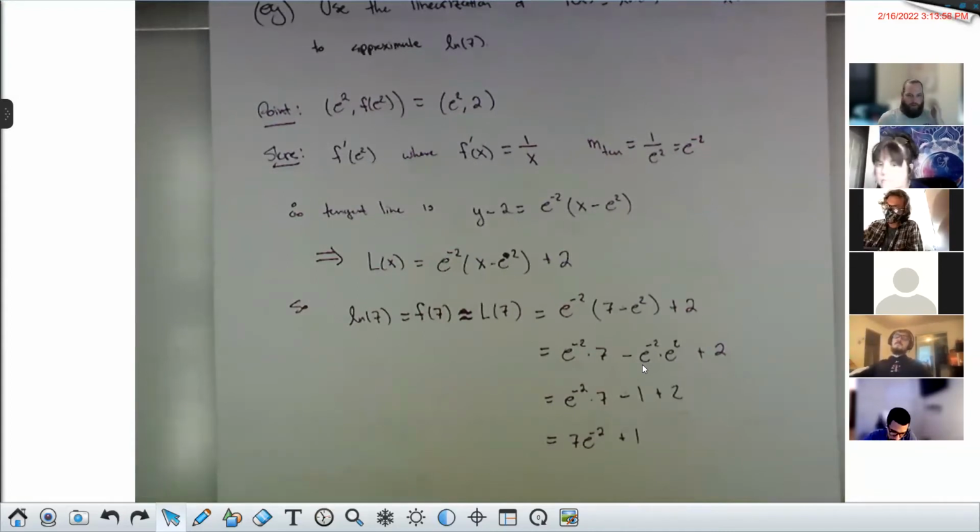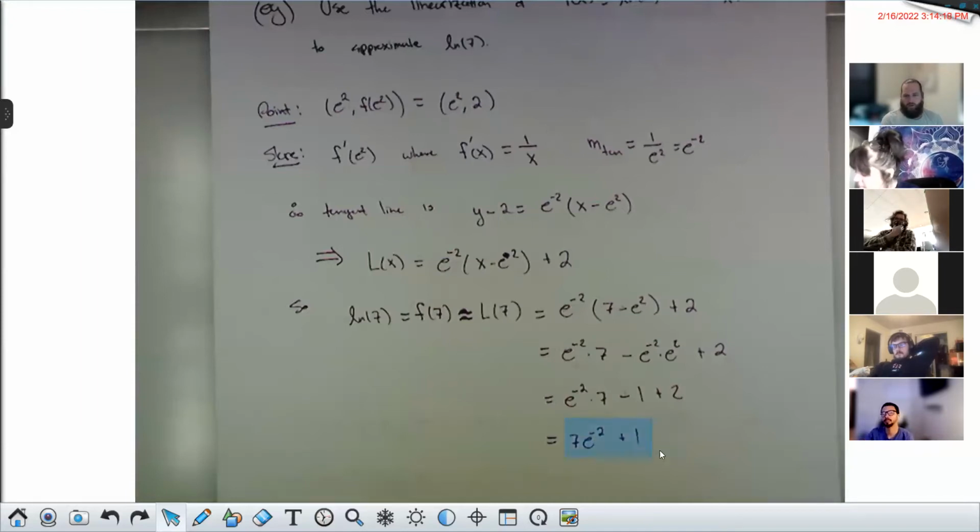And in order to get a decimal, you would need some way of calculating this power of e. And then you multiply it by 7 and add 1. But you can get a rough feel, right? E to the negative 2 is somewhere in the neighborhood of 1/7.